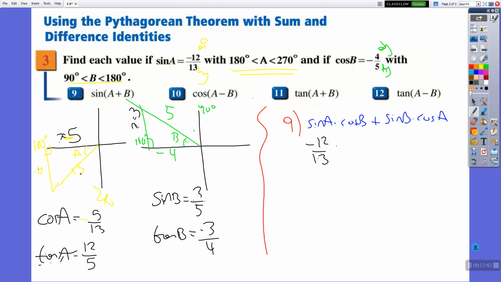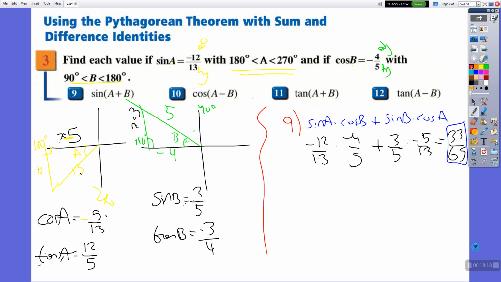We got cosine B, cosine B is here, negative 4 over 5, plus sine B, we found it as 3 over 5, times cosine A, we also found it as negative 5 over 13. You can do all these steps, so it will result in 33 over 65.